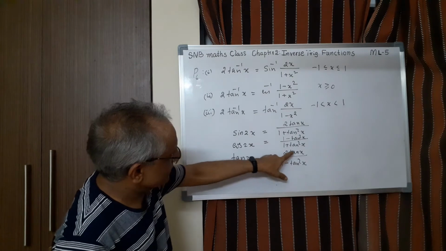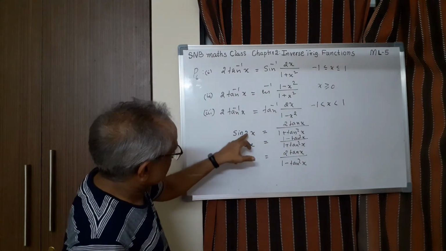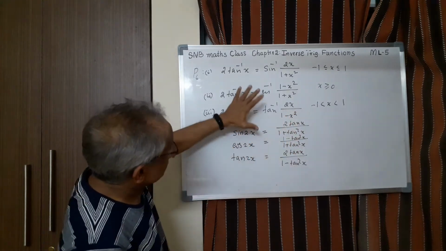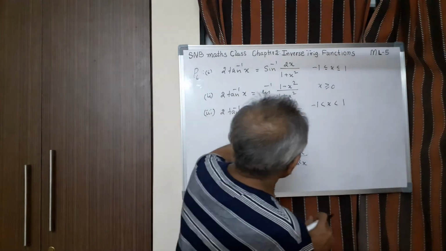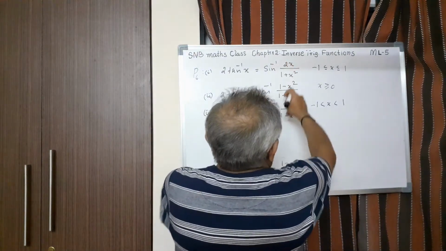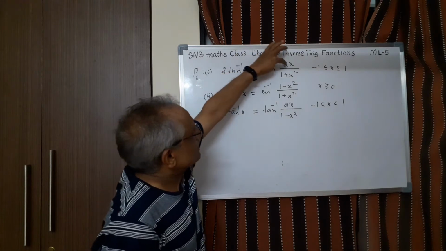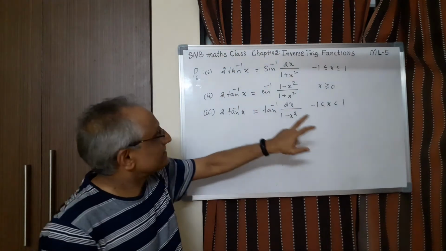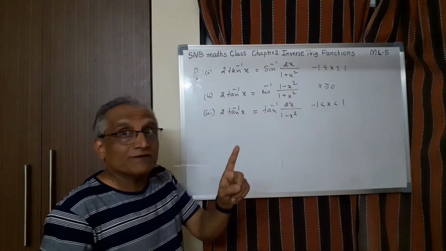So this is connected with this. You can see 2 tan x here; wherever tan x is there, x is here. Suppose you take theta here, 2 tan theta. So it is very easy to remember now. One more thing: all these 3 are one and the same. That means you can also say that sine inverse 2x by 1 plus x square is the same as cos inverse (1 minus x square) by (1 plus x square), but there is a problem.